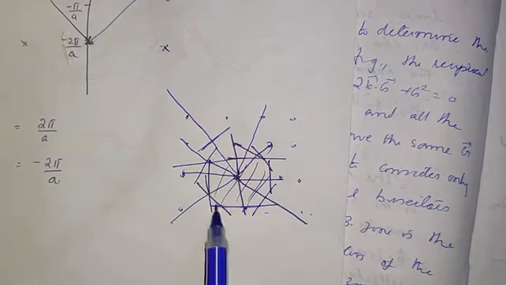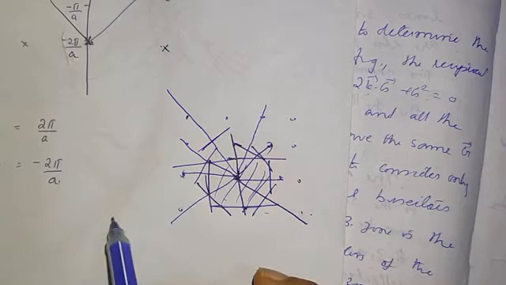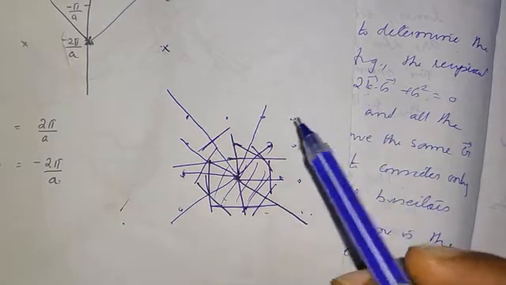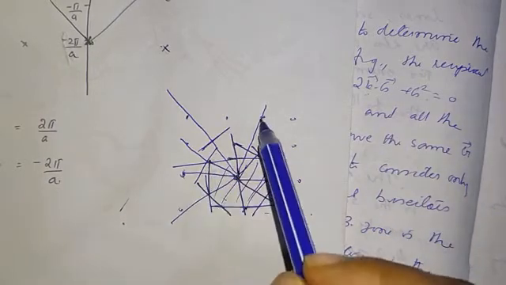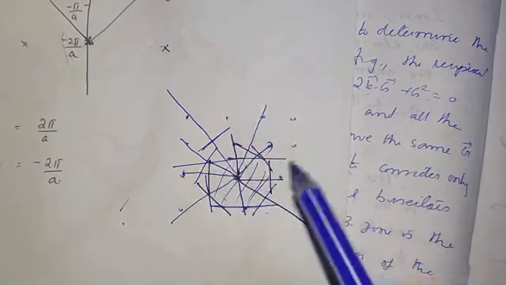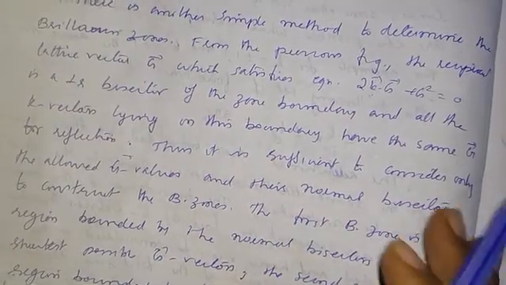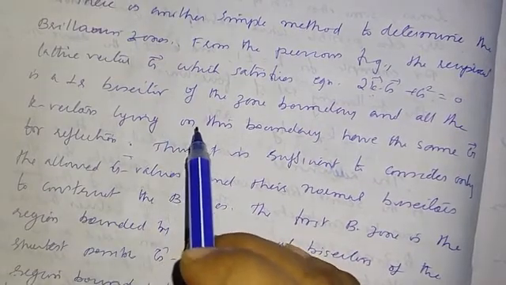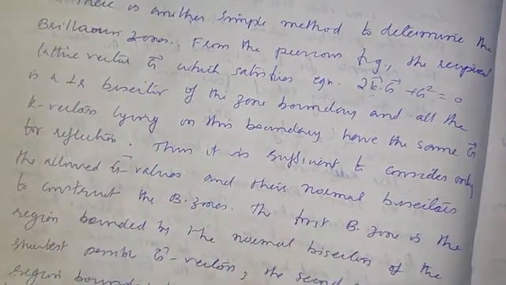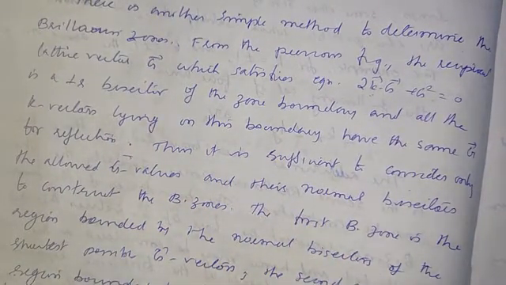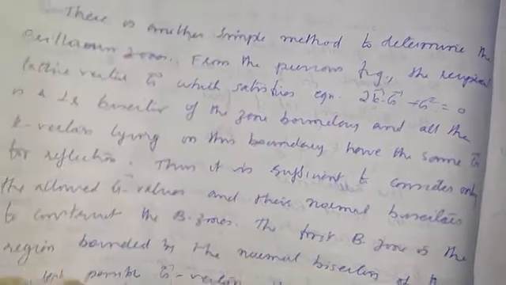Okay, so first we will draw vectors to the nearest neighbors, and for the second Brillouin zone we will draw vectors to the next nearest neighbors, and so on. So this is what we are doing for Brillouin zones in reciprocal lattices also. This is how we are constructing Brillouin zones in reciprocal lattices.